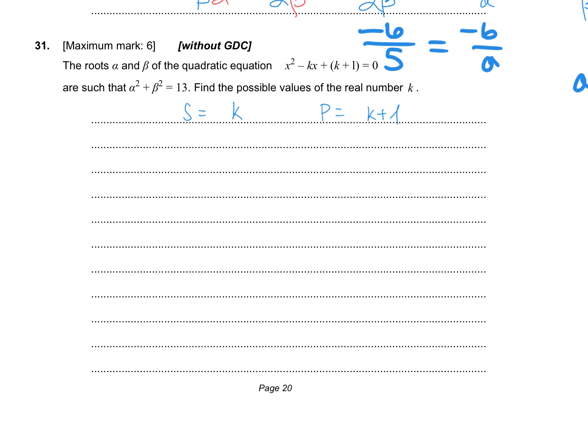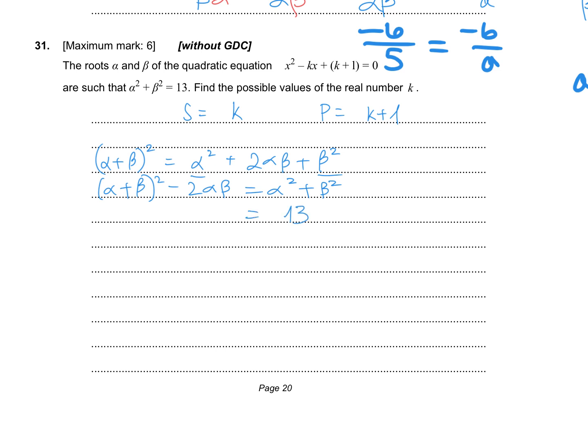All right, so we're going to have alpha plus beta squared is alpha squared plus 2 alpha beta plus beta squared. So if we want alpha squared plus beta squared, we have alpha plus beta squared minus 2 alpha beta, and that's equal to alpha squared plus beta squared, which is 13. Okay.